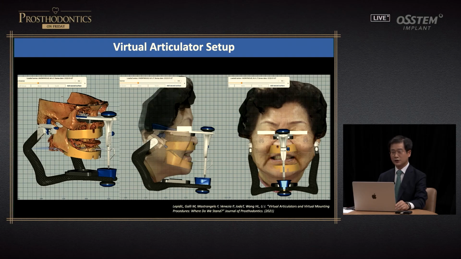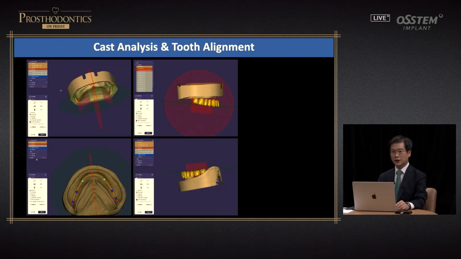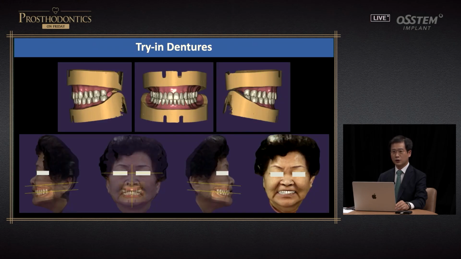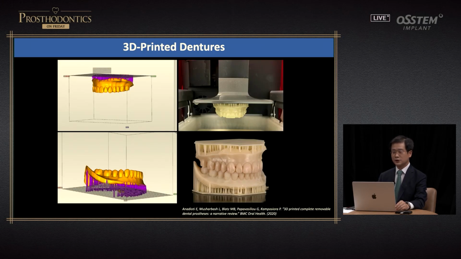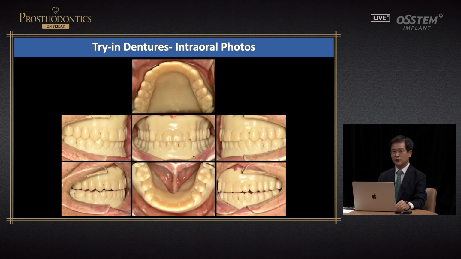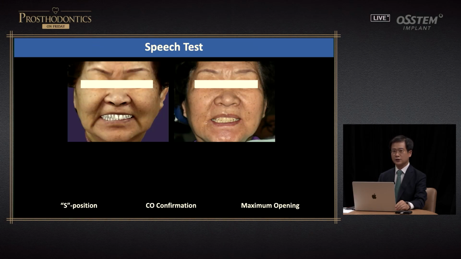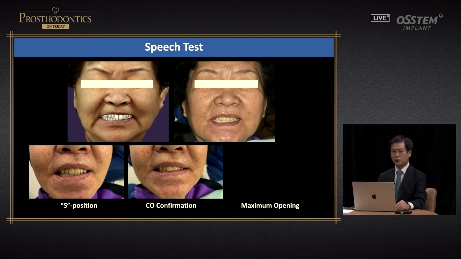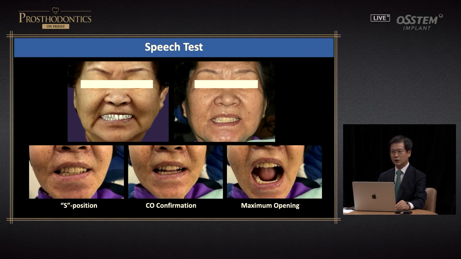Then I go to design, where the upper and lower are designed. Using the patient information, I set where the teeth need to be, and then I 3D print dentures, deliver them orally, and do various tests: aesthetic assessment, pronunciation, whether the occlusion is comfortable and good, and retention.